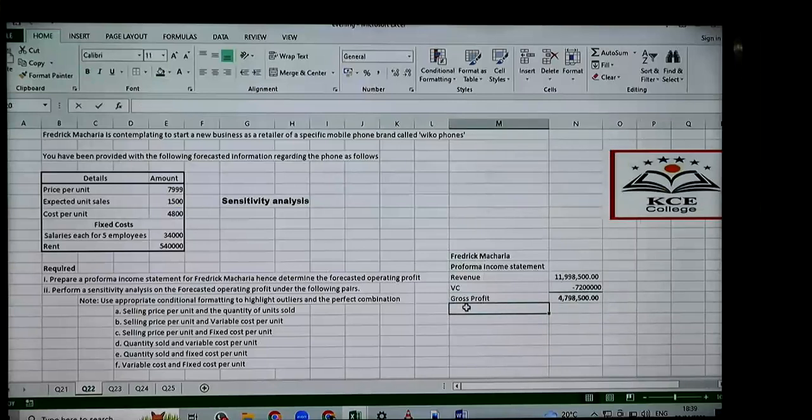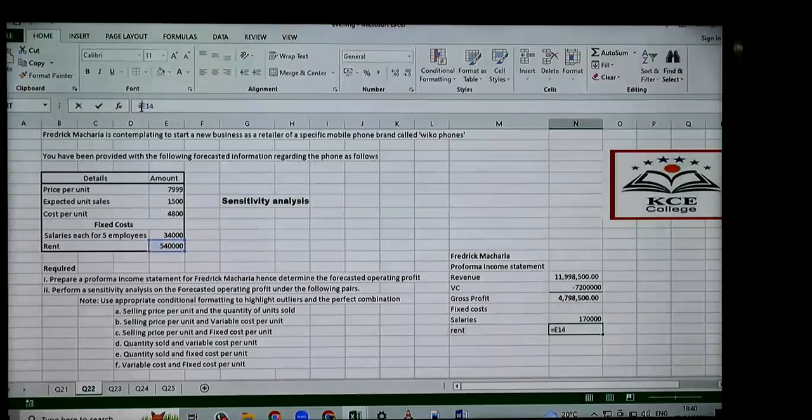Then we'll go to our fixed costs. Under our fixed costs, we have our salaries. The salaries were 3,400 times 5, because there are 5 employees. Then rent, tab. So our rent will be this one here. Because it's an expense, I like to enter it as a negative.